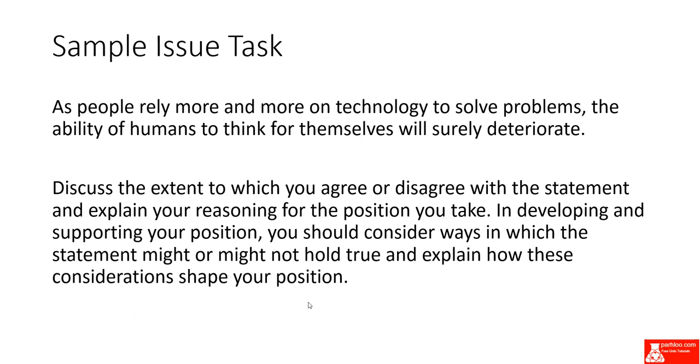So what it's saying is to tell the reader whether or not you agree or disagree, and give multiple reasons: explain your point of view, why you agree or disagree, and also consider why it could potentially not be true, or why it could be the side you're not taking, and how that has affected your argument. You need to have a well-rounded argument, and that's what shows your analytical thinking.